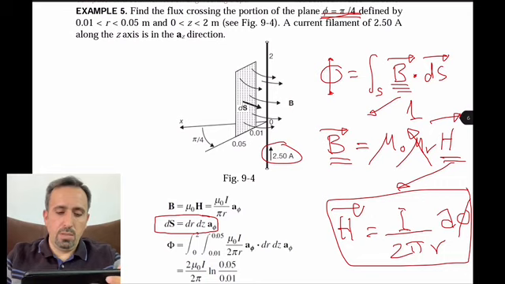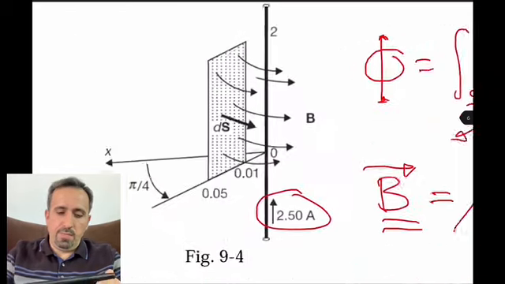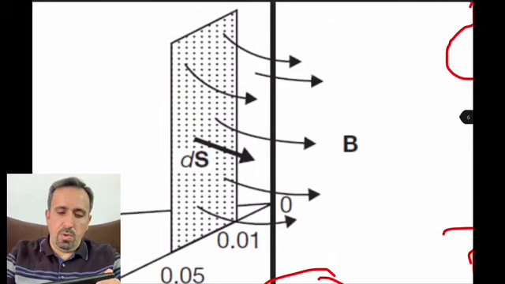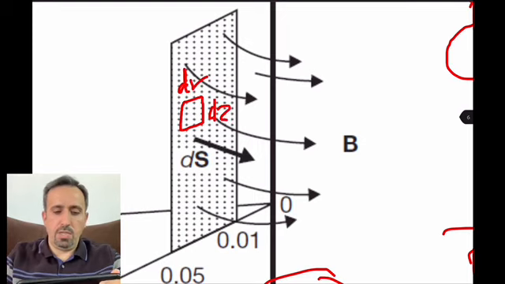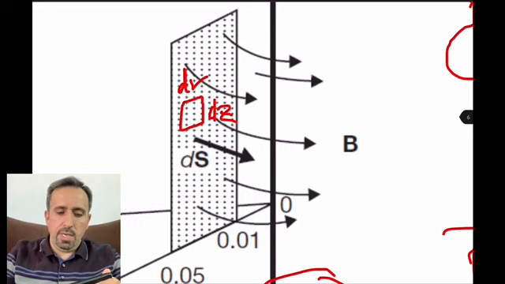Why? Because if you examine the given figure and take a small window here, this is dr and this is dz, because this is the differential height. Taking this with a certain direction, the direction will be a phi.